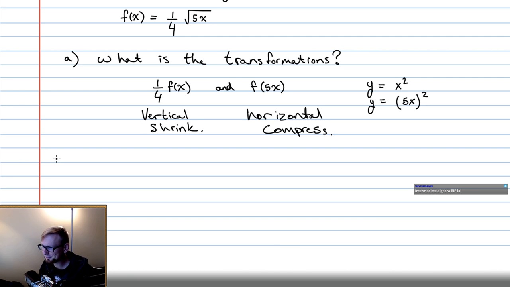Intermediate algebra? What's intermediate algebra? It's a college course, right? But it's not calculus. Wouldn't be differential equations.